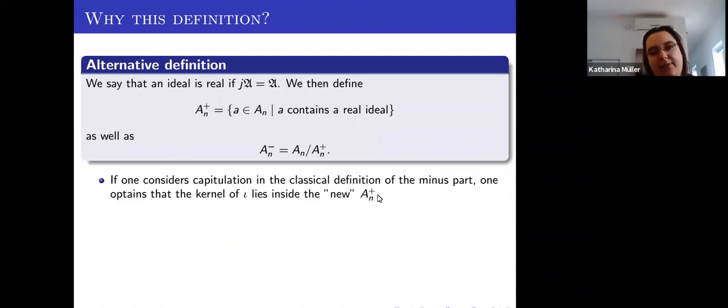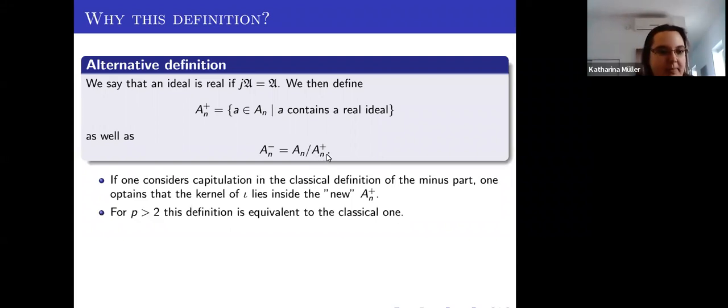So if I have an ideal class in the -1 eigenspace that capitulates from level n to level n plus 1, then this ideal class contains a real ideal. So I'm somehow defining AN minus as the quotient of AN, and I quotient out by all ideals that could possibly generate problems for me.